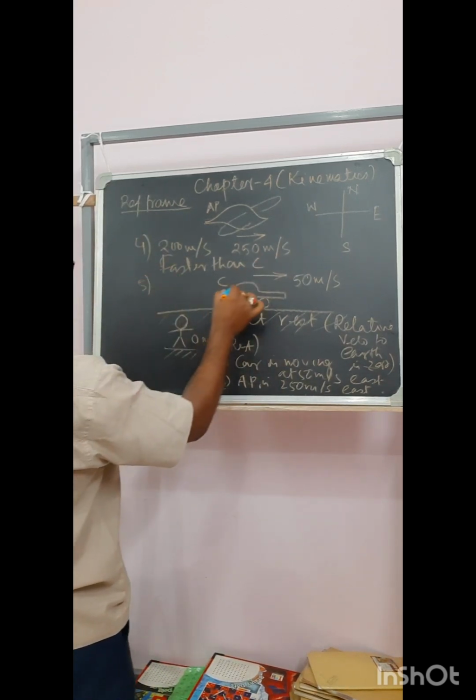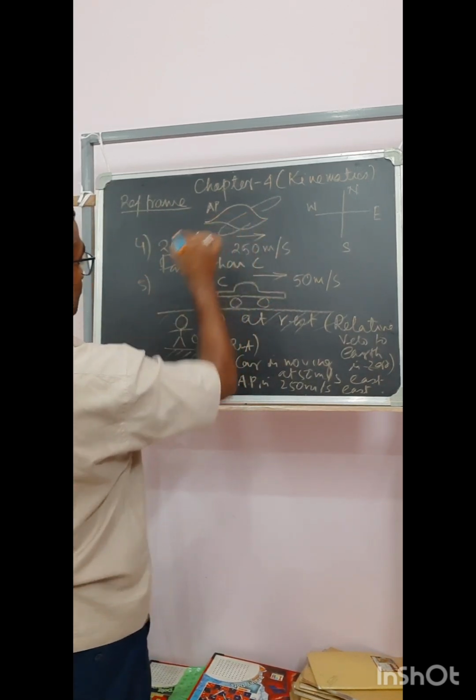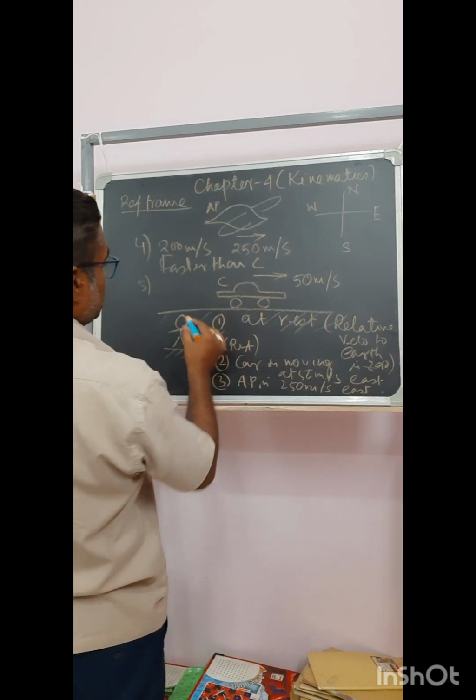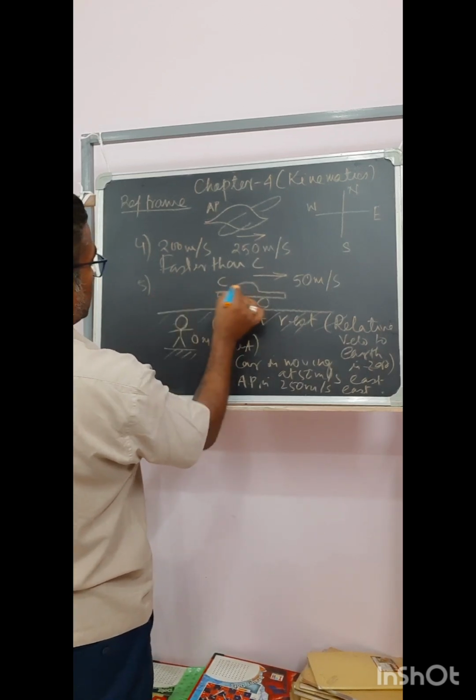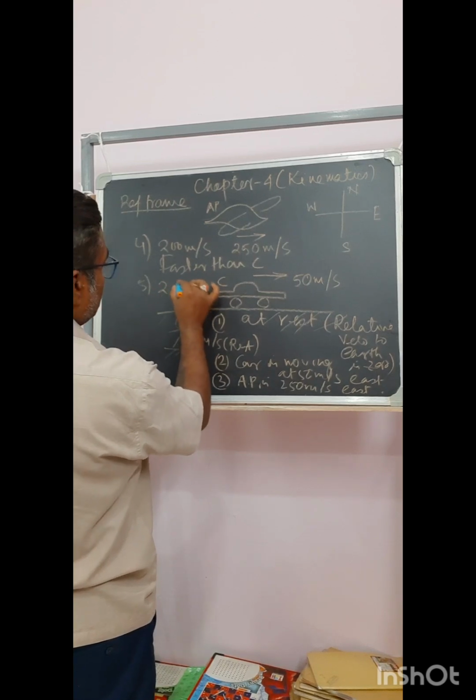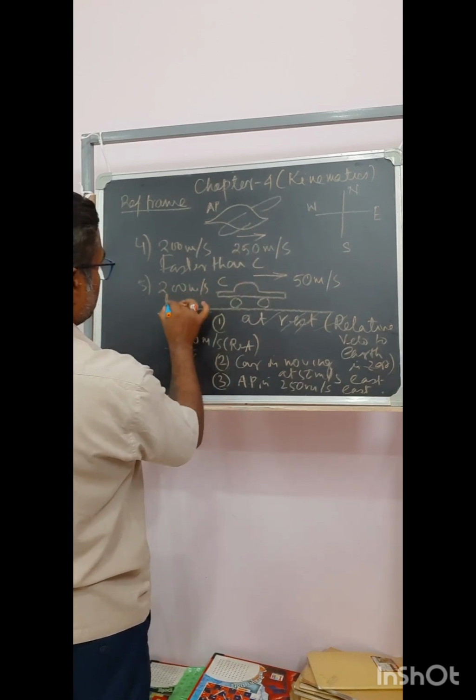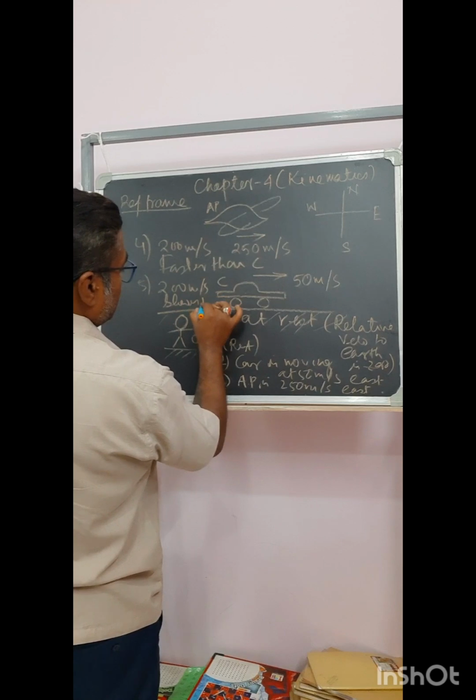Fifth, if we compare car and aeroplane, he will see that the car is 200 meter per second slower than the aeroplane.